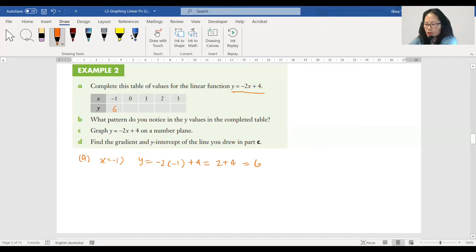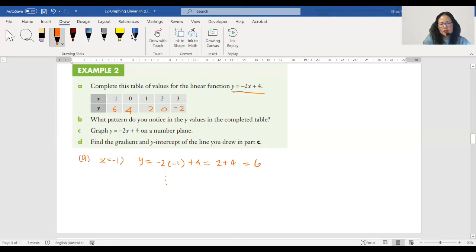I'm going to leave it up to you to do it. Okay, so I'm going to just write the answers here. It should be 4, should be 2, 0, minus 2. So if you do that, that's what I'm going to get. And when you look at this, 6 to 4, 4 to 2, 2 to 0, 0 to minus 2.